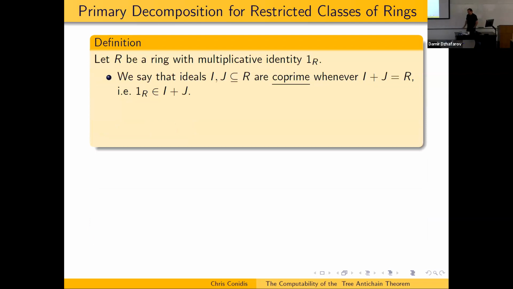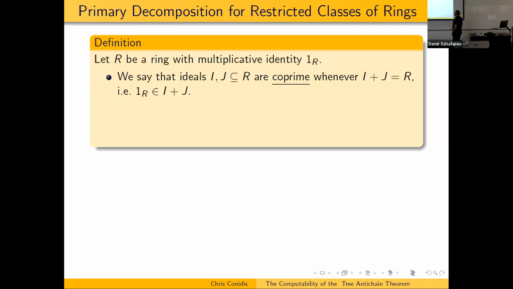Okay. Now, for the rest of the talk, I want to characterize this tree antichain theorem, which asserts the existence of antichains in these infinite completely branching trees. I want to give an algebraic characterization of the tree antichain theorem, a ring-theoretic characterization of that principle.